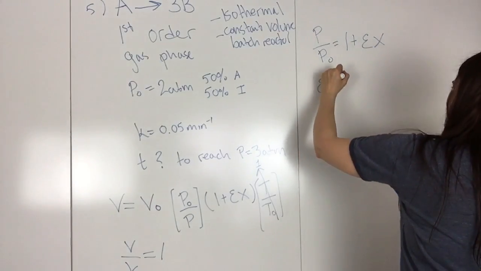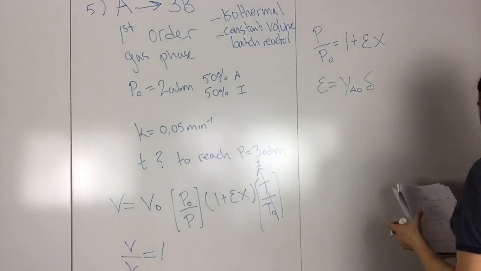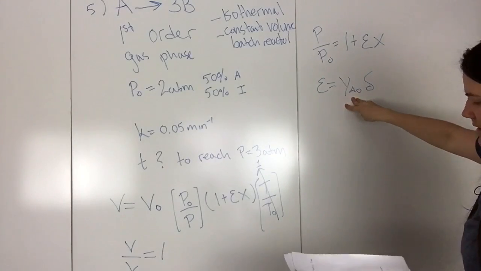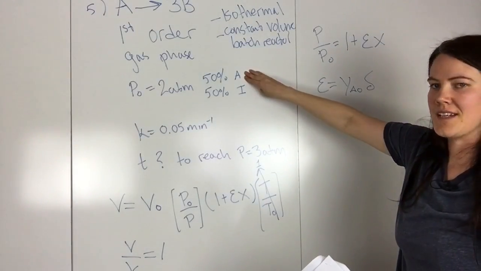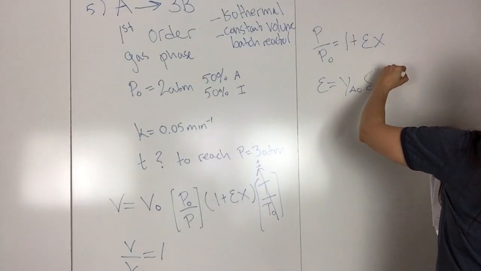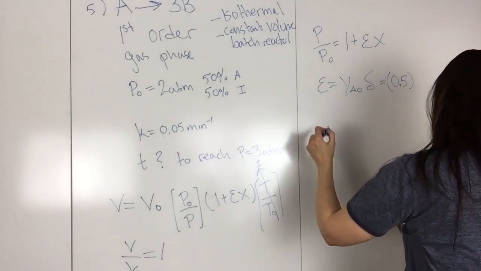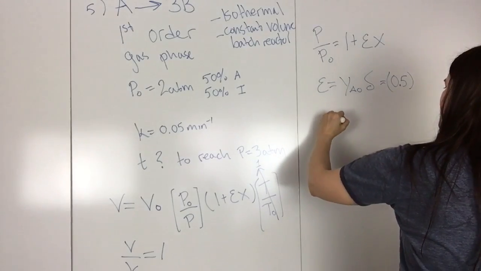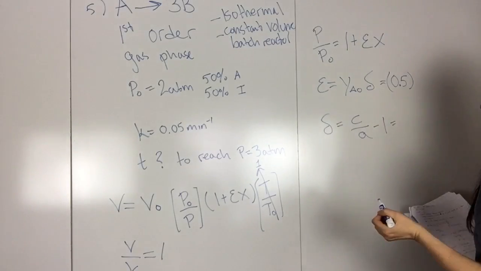So epsilon is equal to YA naught delta. And so this is the partial mole fraction. We already know that YA naught is 0.5 because there's 50% A in the feed, so this is equal to 0.5. And then we know that delta is equal to C over A minus 1.